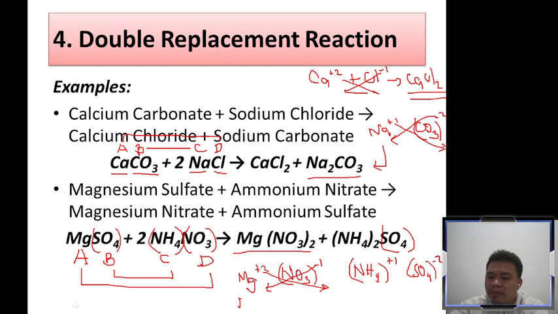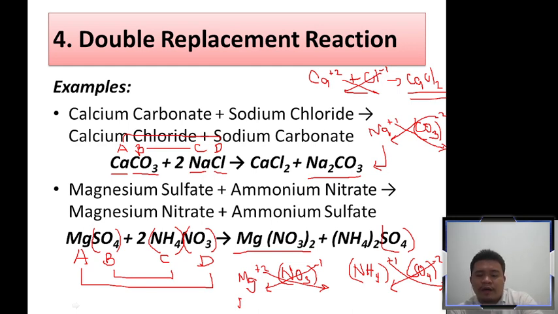Now, when they exchange ions, NH4 will have a subscript 2 and SO4 will have a subscript of 1. So that's why (NH4)2SO4. And this is how a double replacement reaction typically happens.